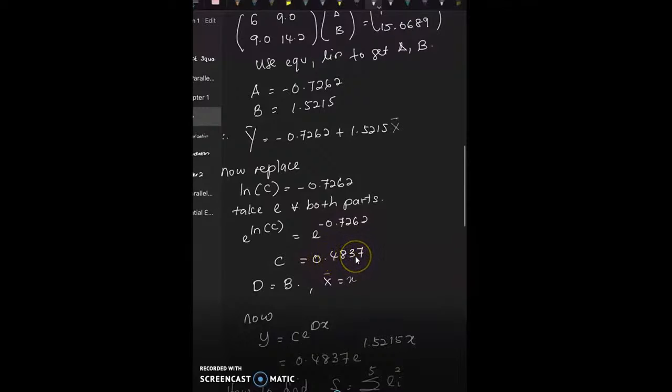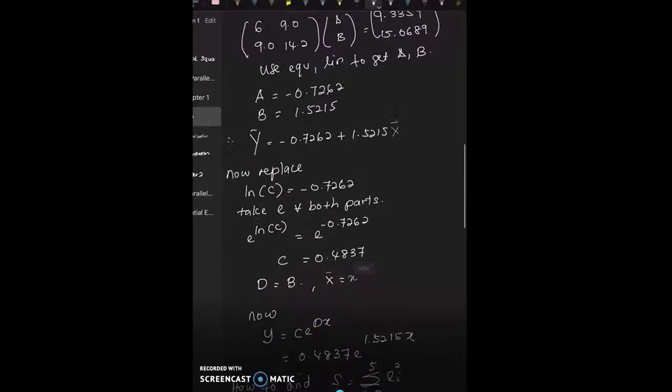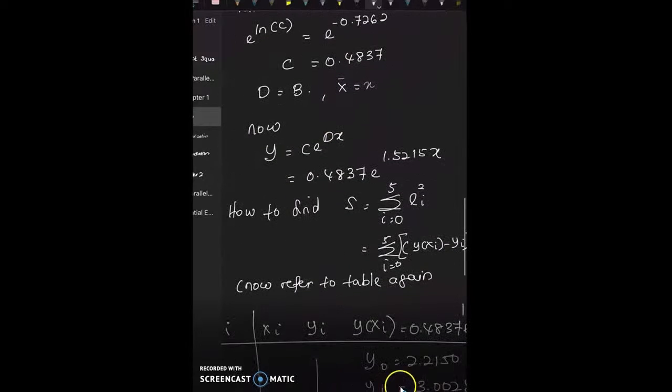So now you get the original exponential function y equal to c exponent dx, 0.4837 exponent 1.5215x. This is the way to find the values of C and D from the linear least square method by finding the values of A and B.